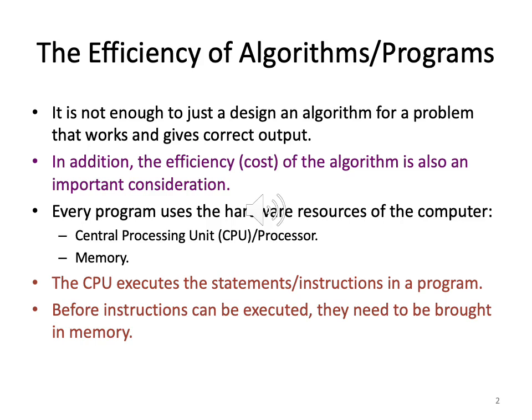Then the calculations happen and the output is written back to the memory. In this way, whatever program you're running, solving different kinds of problems, the common factor is that all those programs are using the CPU, and all of them are using the memory.